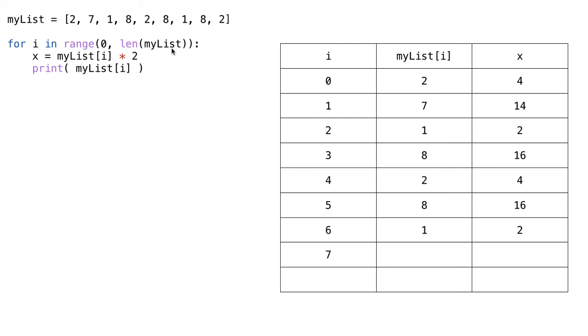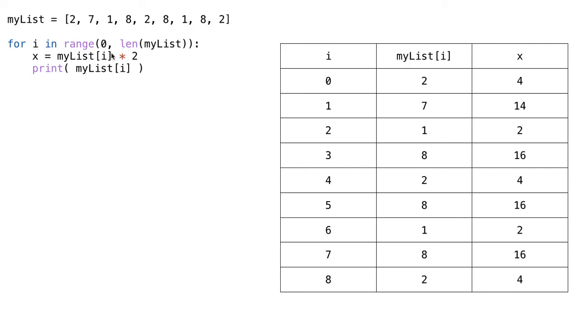And then we go to i equals 7, take that value of i, plug it into the brackets here, so we get my_list bracket 7, which gives us this 8, take that 8, multiply it by 2 to get the value of x. And then finally, when i is equal to 8, we plug that value of 8 into the brackets here, we get this value of 2, take that 2, multiply it by 2 to get the value of x here.